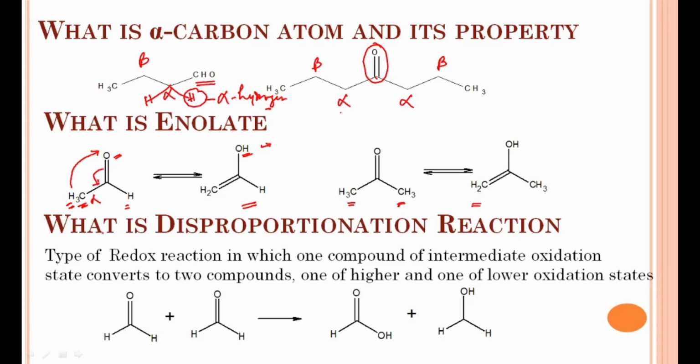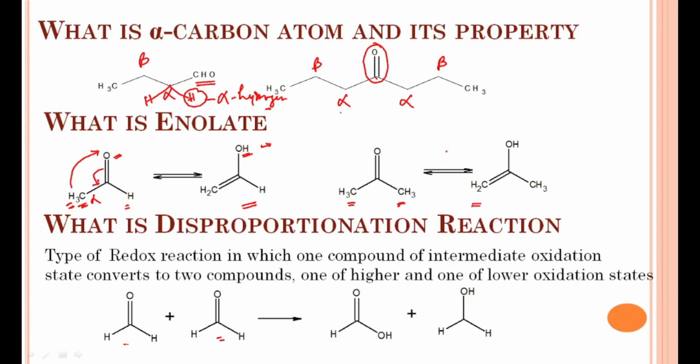Now what is a disproportionation reaction? Actually, a disproportionation reaction is a redox reaction between two similar compounds. If you see, this is formaldehyde, this is also formaldehyde. Between two similar molecules, one molecule is getting oxidized and another molecule is getting reduced.